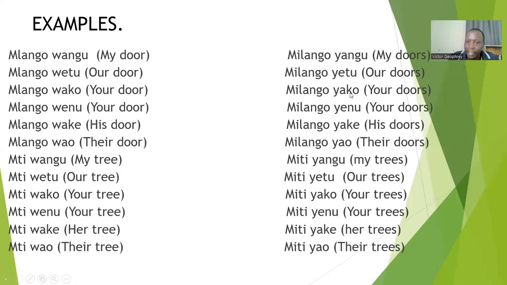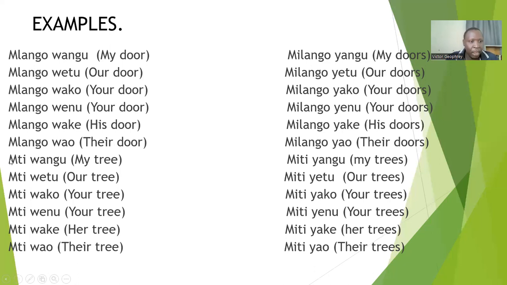Though here it is yako, that is because milango is in plural. You get it? Then mlango wenu, enu is you in plural. It can be double, a group, whatever. So mlango wenu, your door. Milango yenu, your doors.